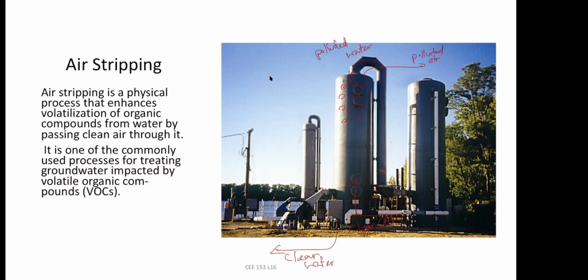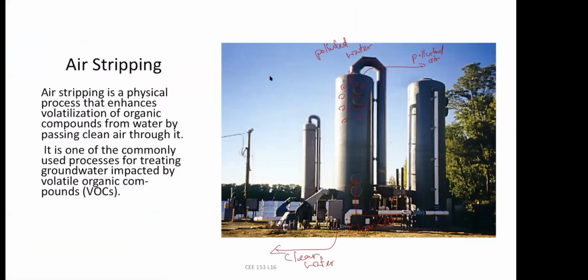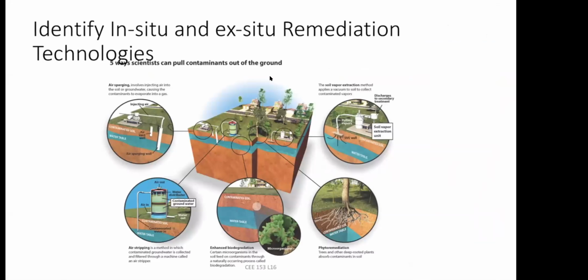That way you don't pollute the air itself, and then you can deal with that gas. Or if it is methane or something similar, you can find a way to separate it and reuse it for energy. So this is the air stripping method. We don't have to do any calculation here in this class. Just know how it works. Any questions?